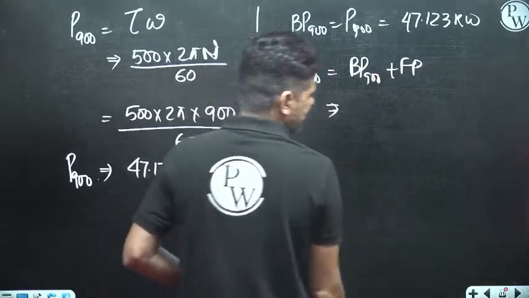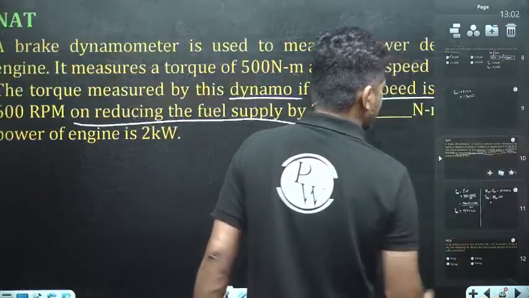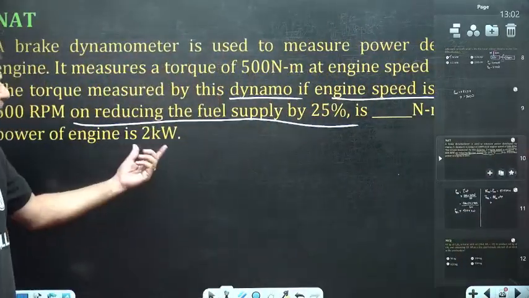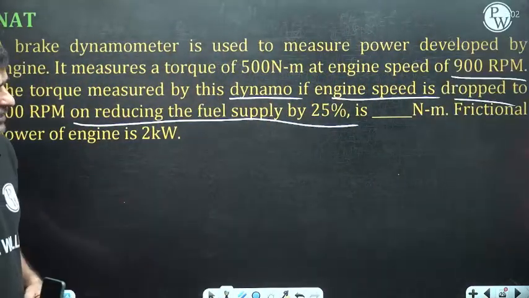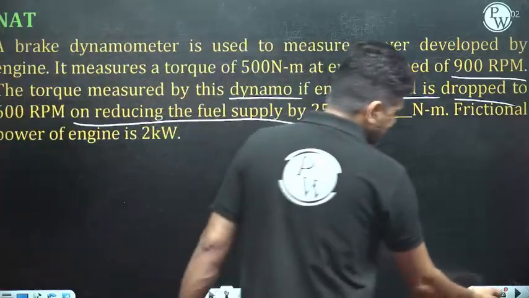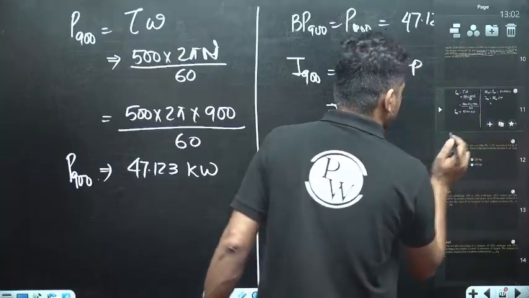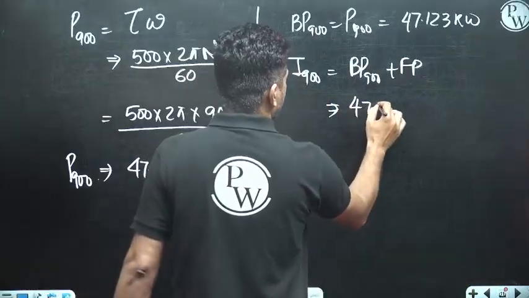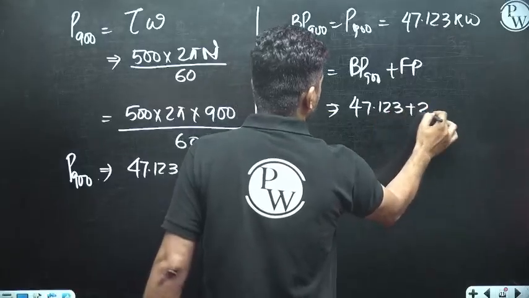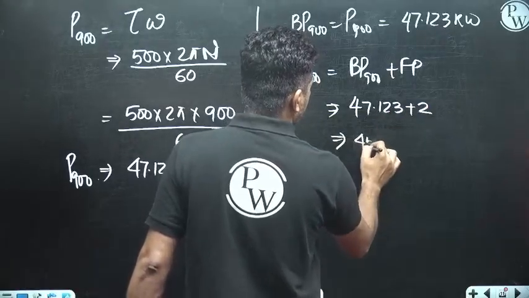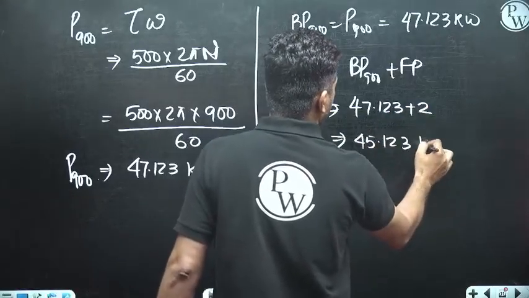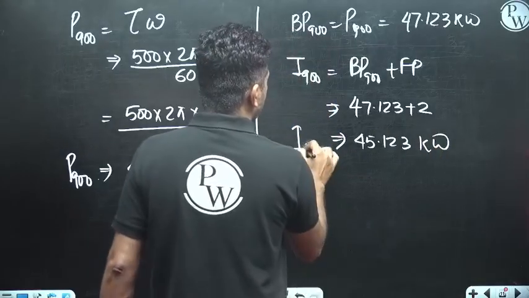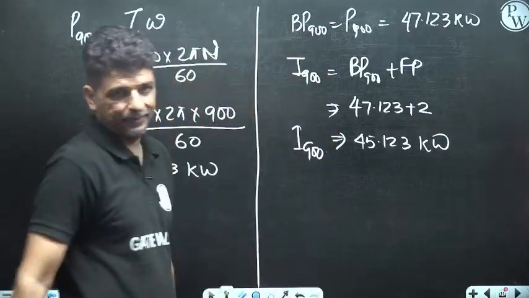So what is the frictional power? If you see, he has given you the frictional power of the engine is 2 kilowatt. Is it clear? So you can say that the indicated power of this engine is 47.123 plus 2, that is 49.123 kilowatt. This is your indicated power at 900.